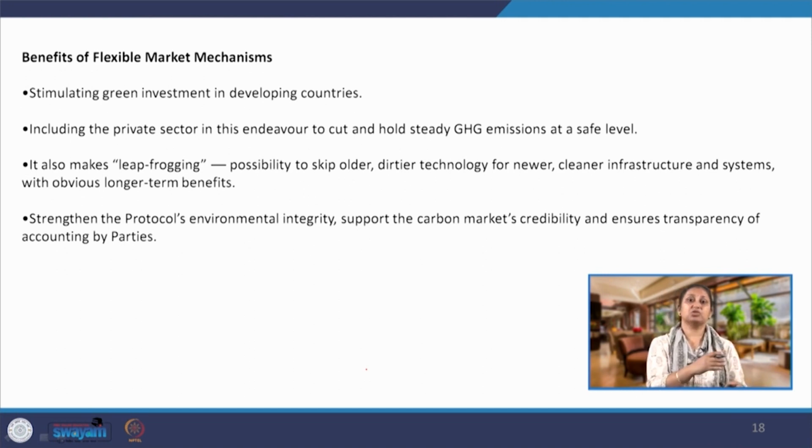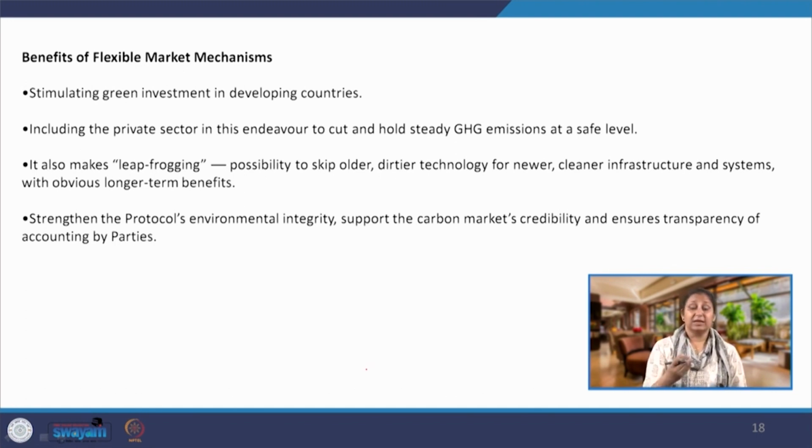They cannot change the complete machinery of their industrialized units, or the entire energy production system in their country. So, what it can do is allow investment into emission reduction programs, green investment. This has been a very good benefit of this flexible market mechanism.